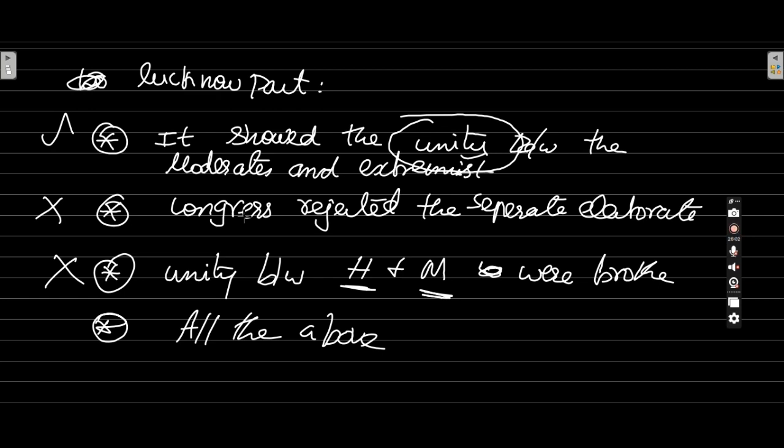So like always, let's get involved in the famous Lucknow Pact. So, what is the Lucknow Pact?